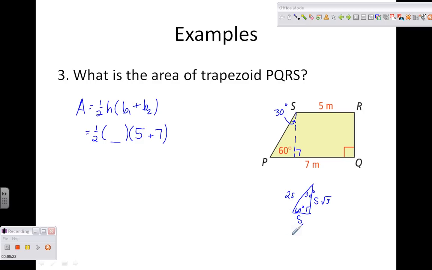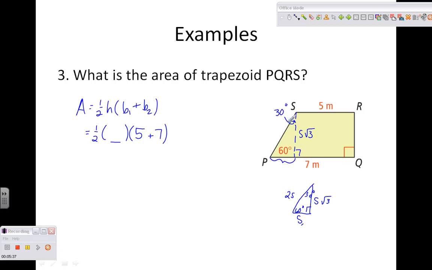So if we know this length, we can find the other two. Well, looking at my triangle, this one opposite the 60 is what I'm looking for. So side times the square root of 3. So I need to find my side length, or I need to find this length right here.